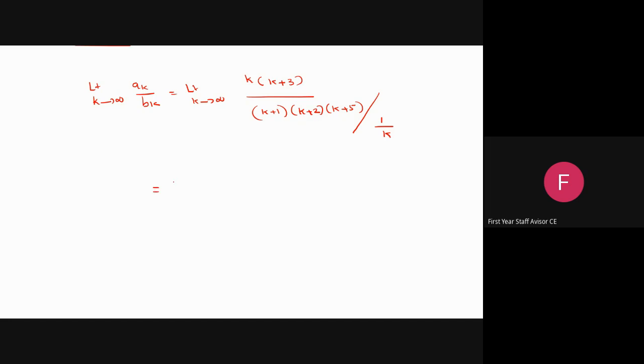This is equal to the limit as k tends to infinity of k into (k plus 3) divided by (k plus 1) into (k plus 2) into (k plus 5), into k by 1.